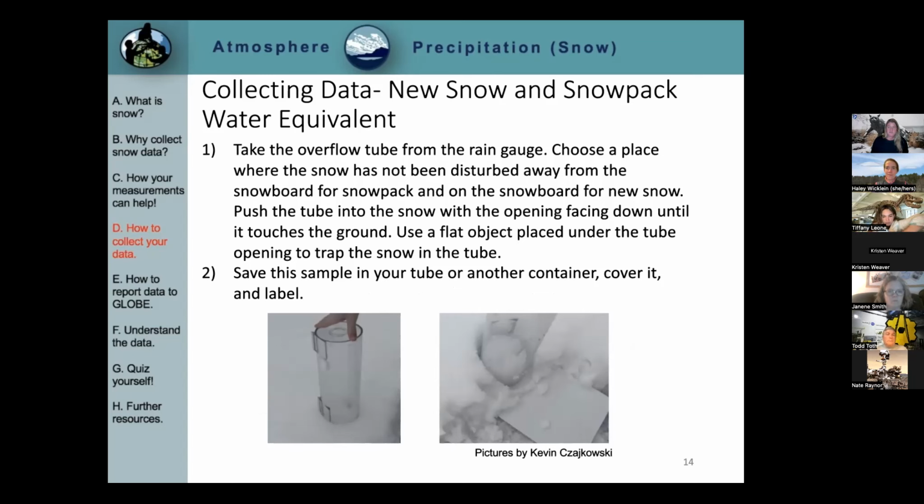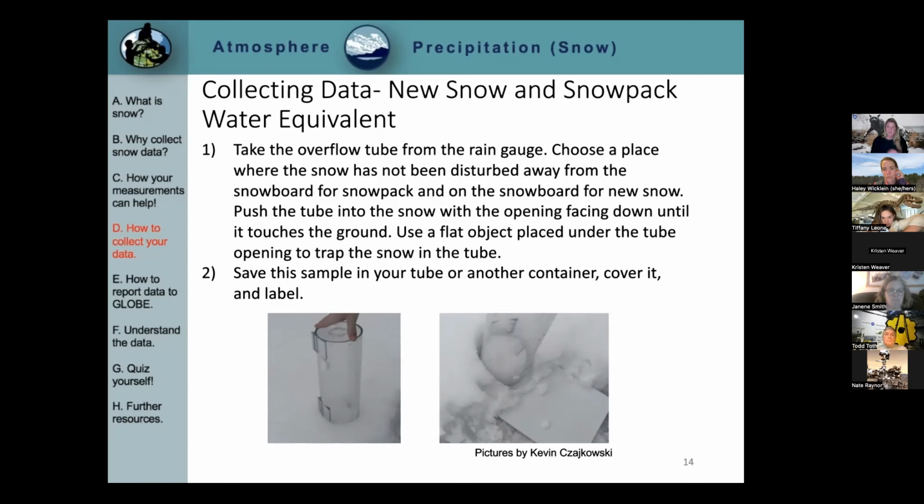Okay, so for new snow and snowpack water equivalent, she was really excited that we do this measurement. You take your overflow tube and you basically place it upside down, and then you'll see in this diagram, they're putting a piece of cardboard or something underneath so that you can capture the snow and keep it in the gauge or in the container.